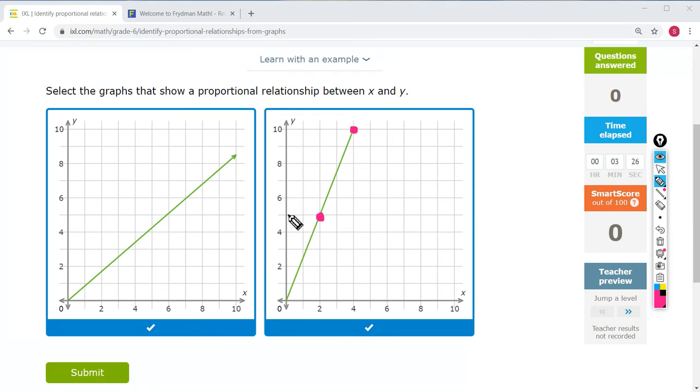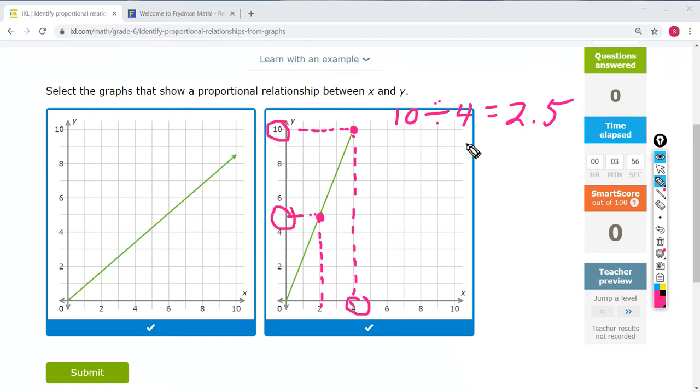So using my definition of proportionality, I want to make sure that the ratio between the two quantities is always the same. And I can do that just by dividing the numbers. So for example, if I take this 10 and this 4, and I do 10 divided by 4, I would get 2.5. And if we take this over here, this would actually be a 5, even though it wasn't written.